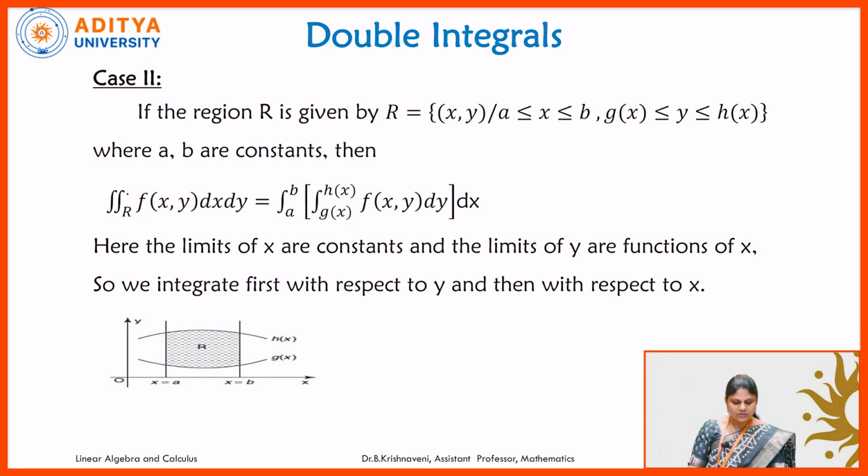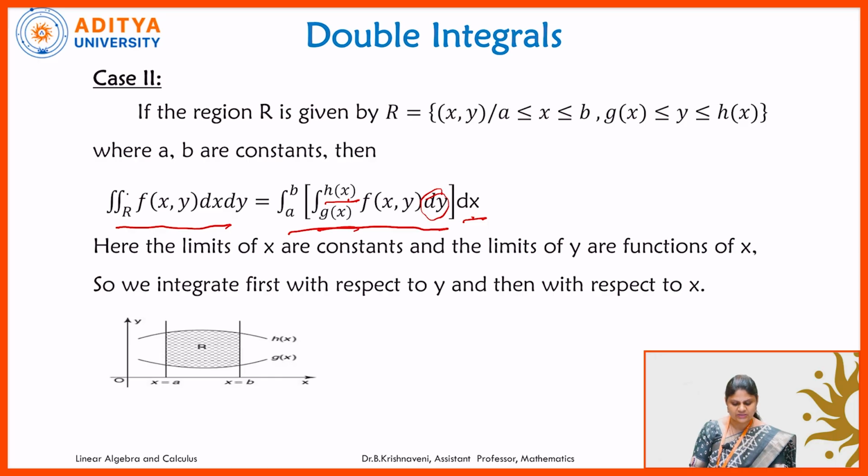Case 2. If the region is given in such a way that the double integration has y limits as variable limits and x limits as constants. Since the limits are in terms of x, those are the limits of y, and the other limits are constants, which give the limits of x.